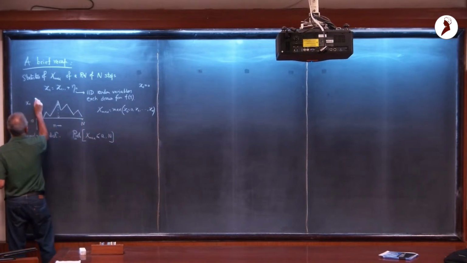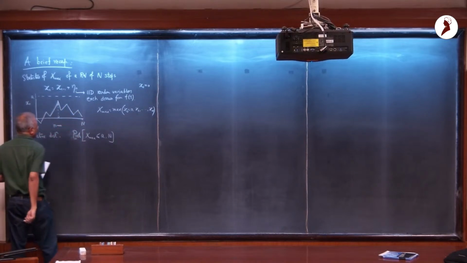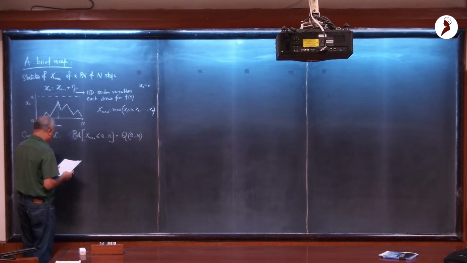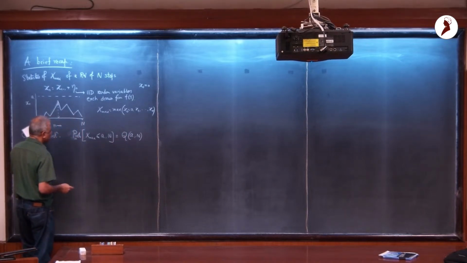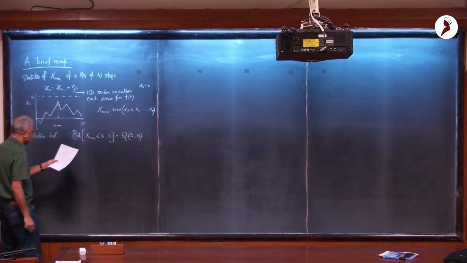So this is the probability that the maximum is less than the height A, and we are denoting it by this notation Q(A, n). And again, if we know Q(A, n), we could derive, by taking the derivative with respect to A, the PDF of the maximum.